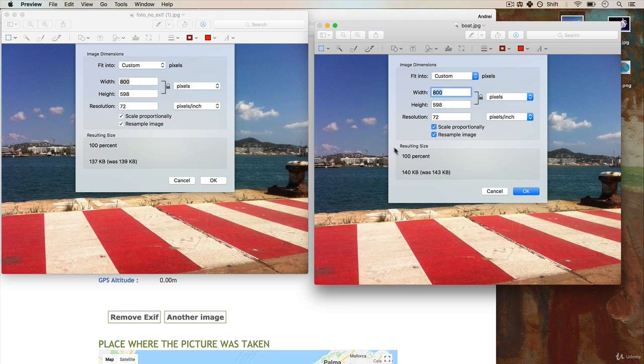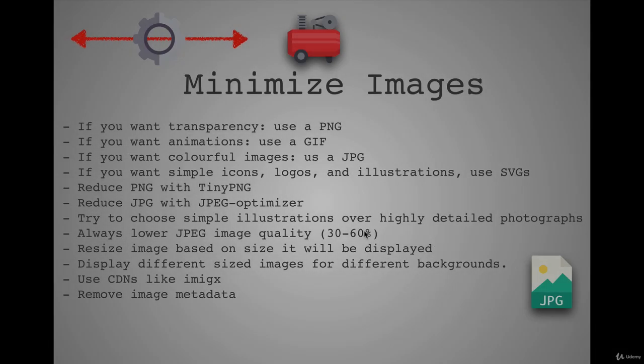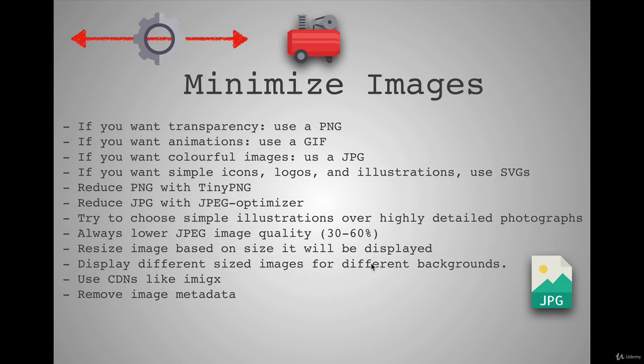Nothing changed in the image, and we've only really saved 3 kilobytes, but we were able to remove the meta tags. And this is good for performance, but obviously also for security reasons. Very cool. So let's review.